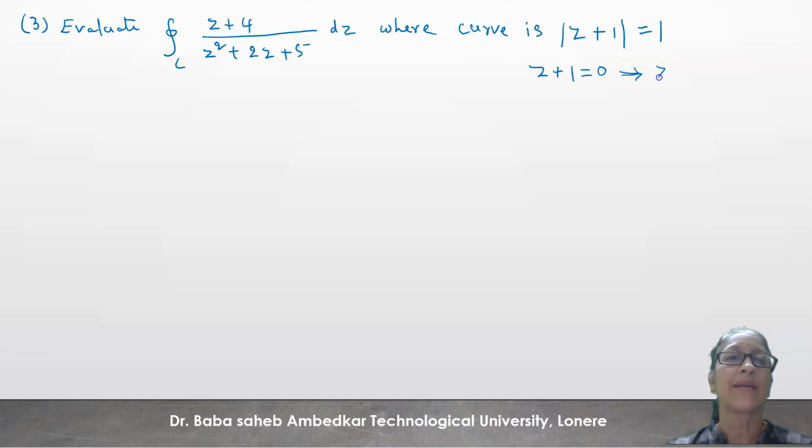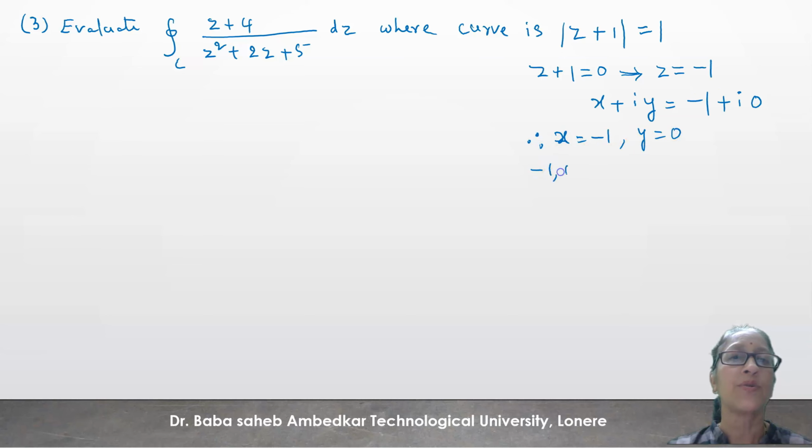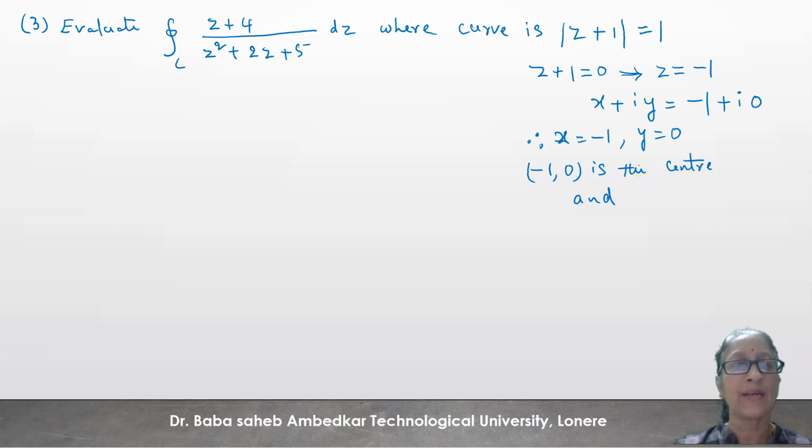What does it mean? z equal to minus 1. But z is nothing but x plus iy. So x plus iy equal to minus 1 plus i into 0. Therefore x equal to minus 1 and y equal to 0. So minus 1, 0 is the center. And here RHS is 1. That means radius is 1.